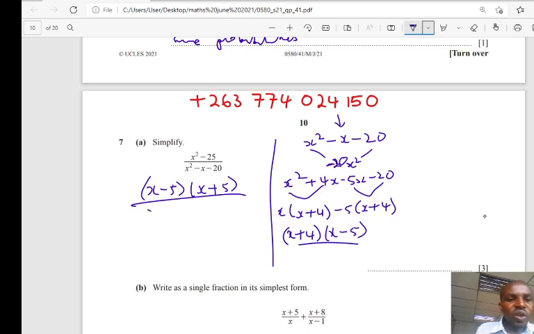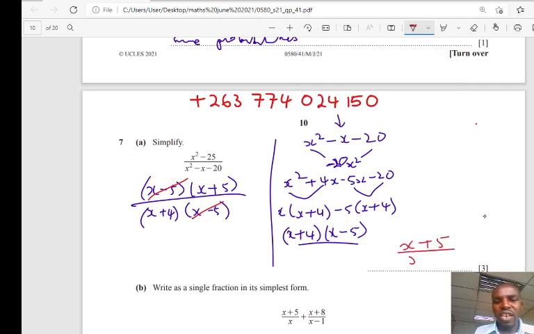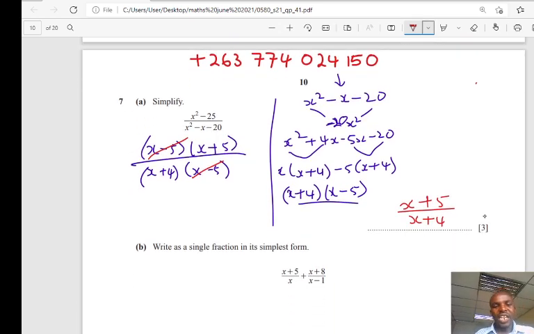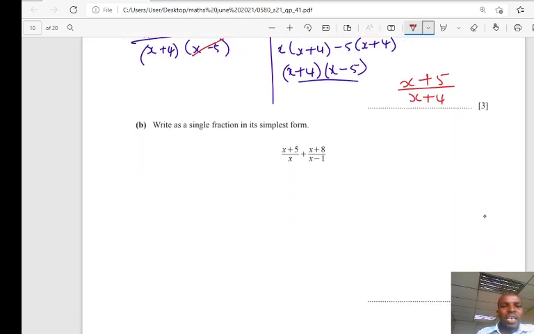These are the factors. So you write x plus 4 and x minus 5. Then you can do the cancelling now. X minus 5 will cancel x minus 5, so you'll be left with x plus 5 over x plus 4. Then you can say you are done.